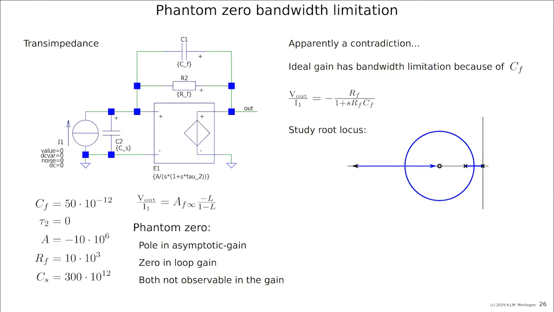Now let's draw the root locus. That means, for increasing gain of the controlled source, which is this E1, let's plot the trajectory that the poles trace out in the complex plane.